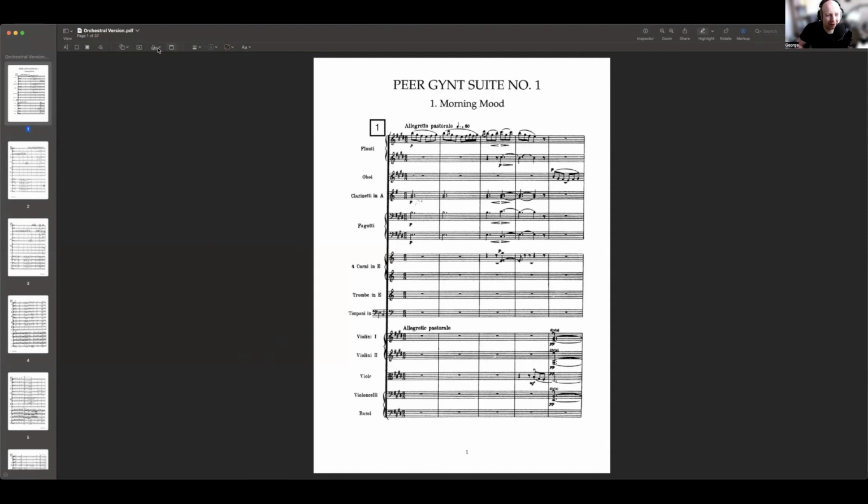Anyway, we would like to mark this up, and probably a good thing to use is text. I'm using Preview on Mac here, not necessarily my first choice, but it's the first one that sprang to mind for easily showing you how I go through this piece.